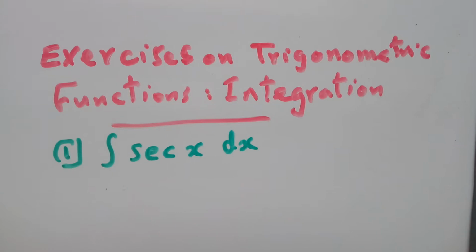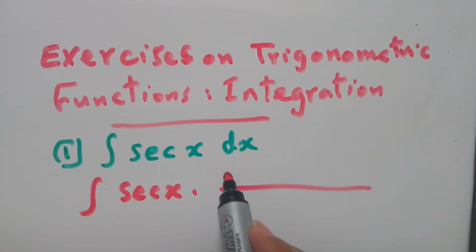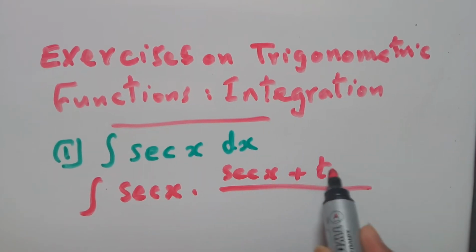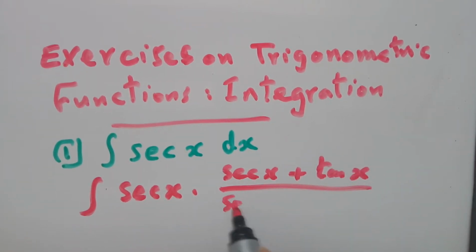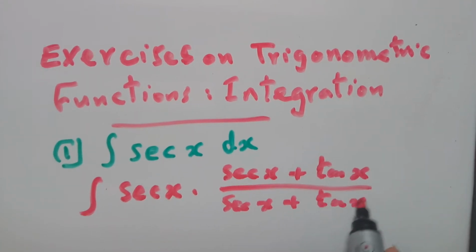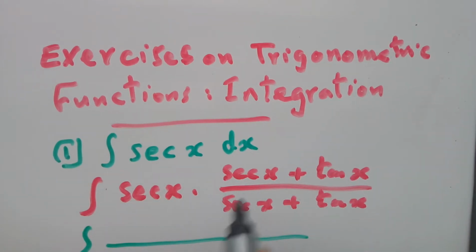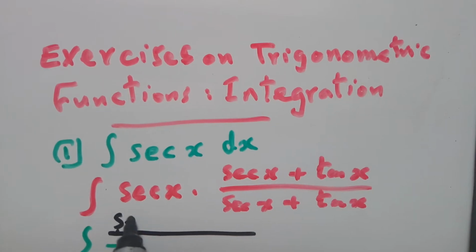We don't have a rule for secant, but we have the integral for secant square and secant multiplied by tangent. Then if you multiply secant x by secant x plus tangent x and divide by itself, secant x plus tangent x, you will get the integral of secant multiplied by secant, which is secant square x plus secant multiplied by tangent.